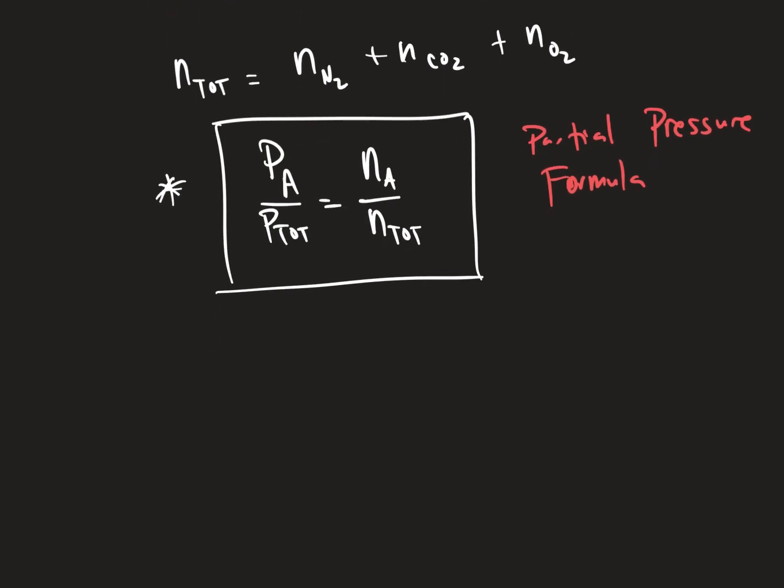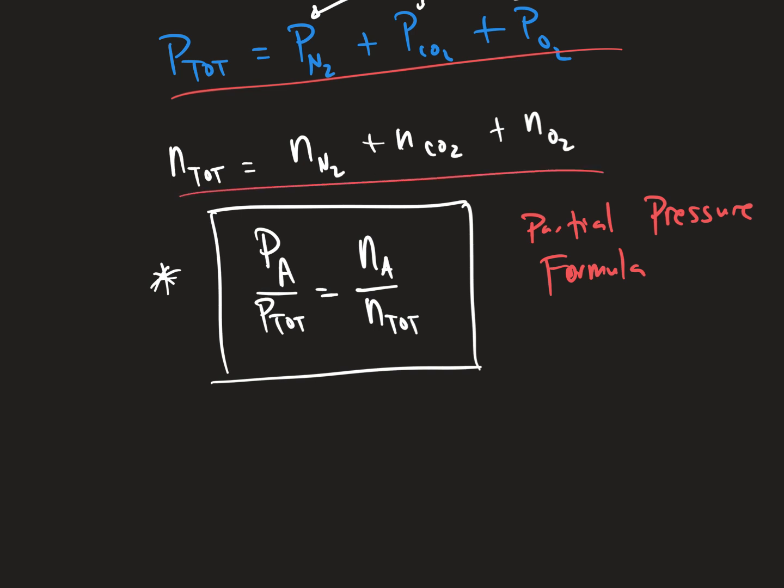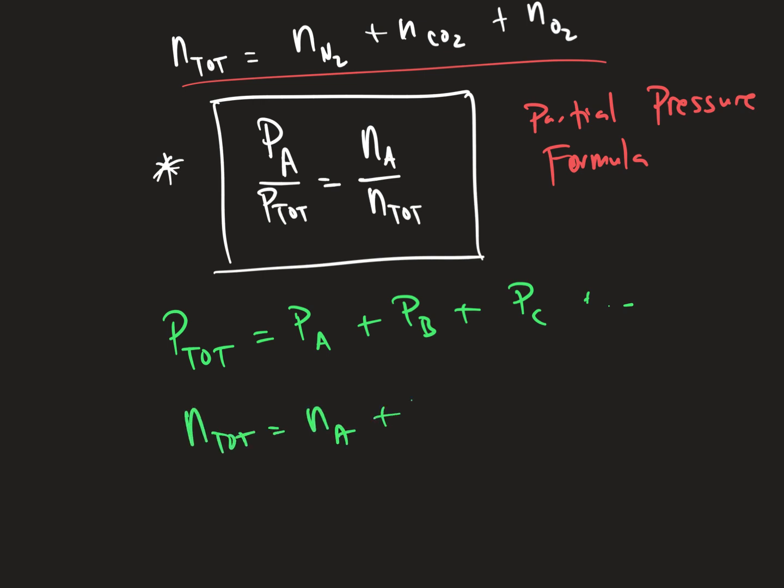So I wrote this example for air, but we can say the total pressure of all of our gas is the partial pressure of A plus the partial pressure of B plus the partial pressure of C plus however many gases we have, right? Where A, B, and C is just a different gas. And then N total is equal to the number of moles of A plus the number of moles of B plus the number of moles of C plus however many we have. Does that make sense?